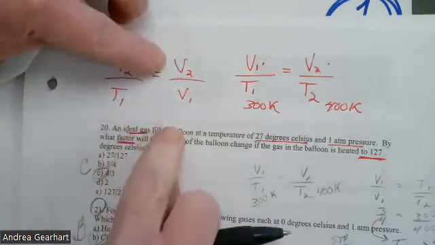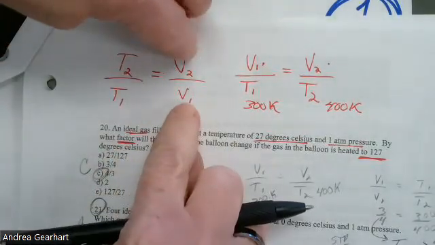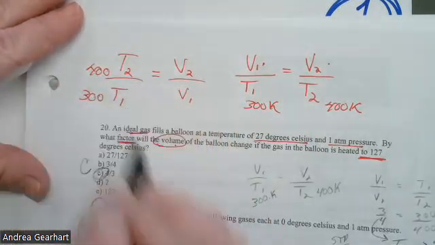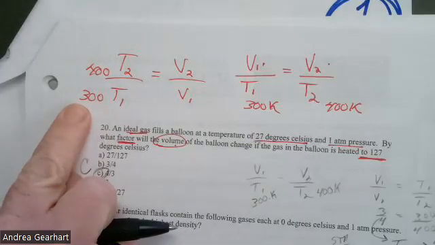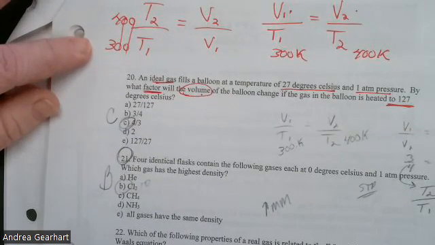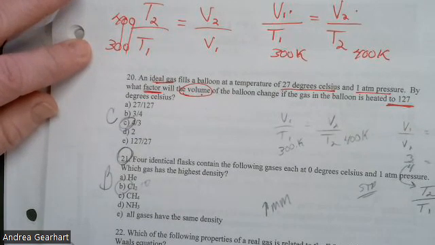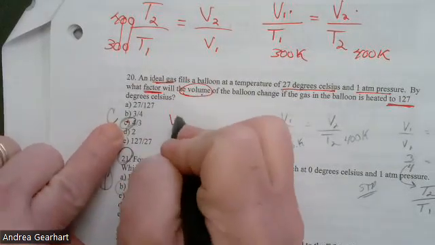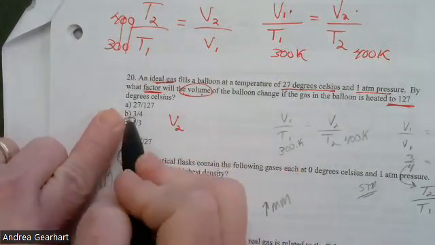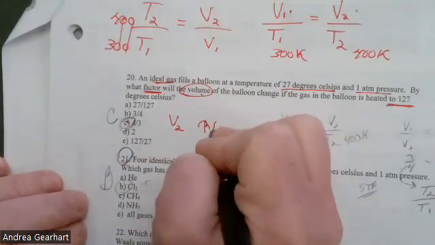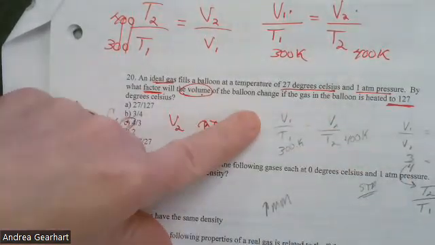Because I want to know what factor it changes, after we have increased temperature by 100. Well, look at that, 4/3. Now we can check ourselves. I wonder if maybe we chose B. But if V2 is 3/4 of V1, then it's going to be a smaller volume. And we know when we increase temperature, volume goes up. So that's a way we could check ourselves.